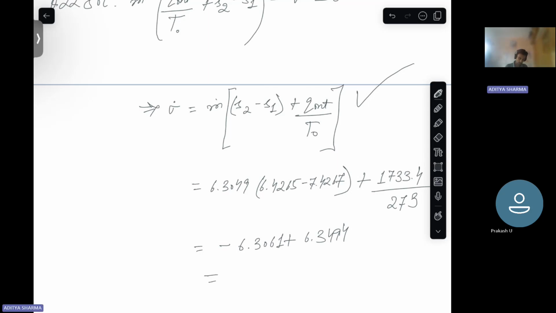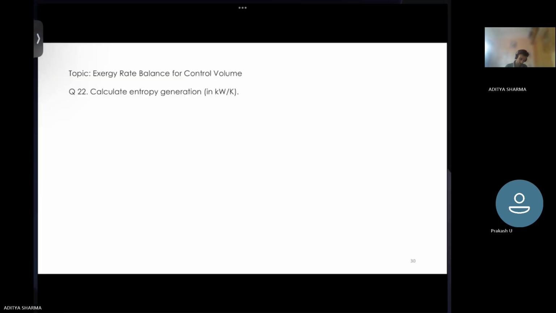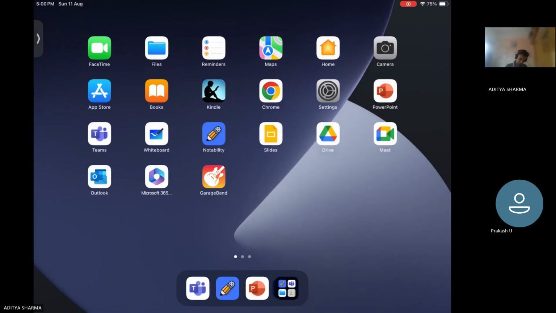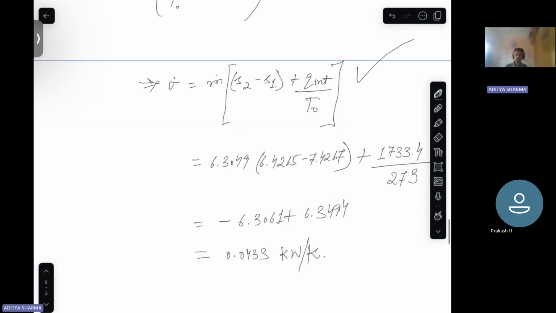And if we work this out, this comes out to be 0.0433, right? Okay. So this is about question number 22.